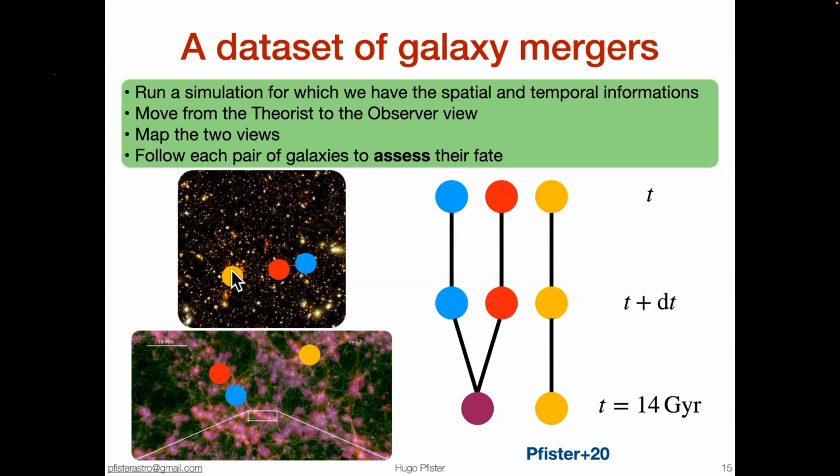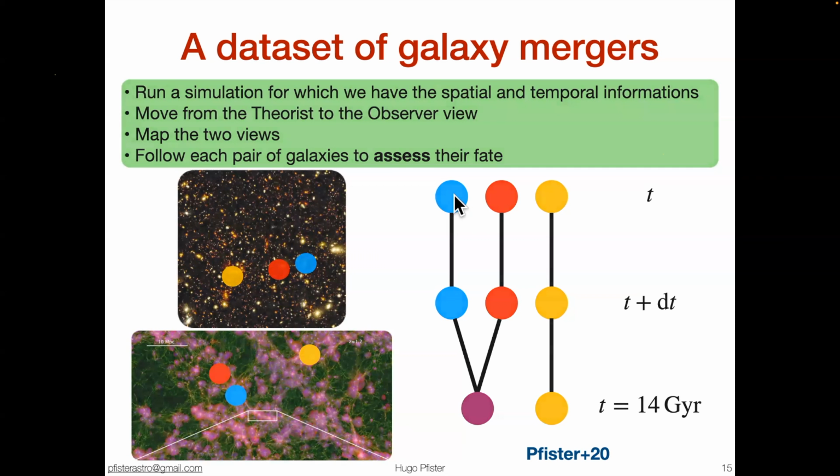On the other hand, the orange galaxy is very far and it will never merge with these other galaxies. So you can construct like that a very big catalog where you have a lot of pairs, okay? And you know if the pair is merging or not, and if it is merging, how long it's going to take for the pair to merge.